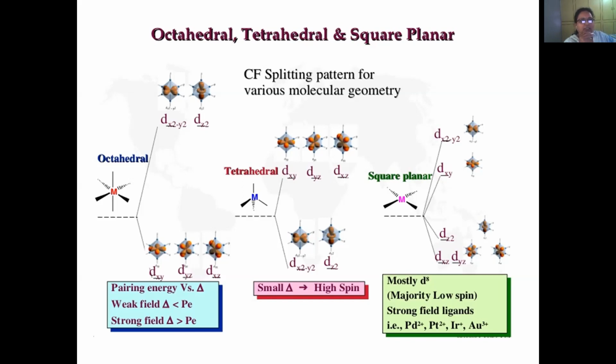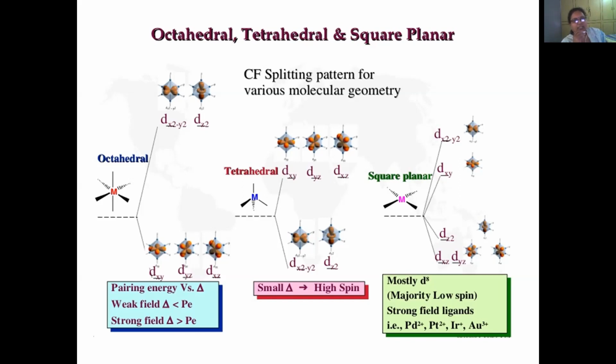First, dx²-y² orbitals are repelled more because their lobes are present along the x and y axes. That is why they get repelled more.